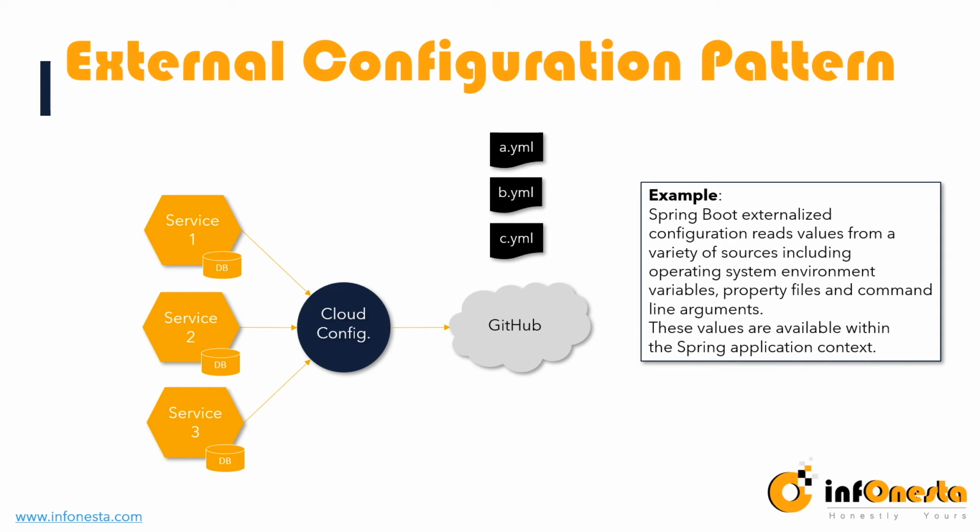Spring Boot externalized configuration reads values from a variety of sources, which includes OS environment variables, property files, and command line arguments. These values are available within the Spring application context. With this pattern, we achieve reuse, availability of environments, and standardization of configurations.